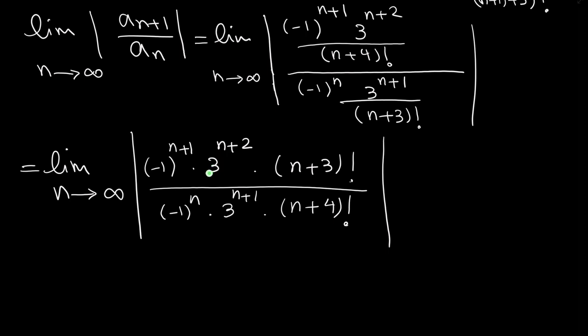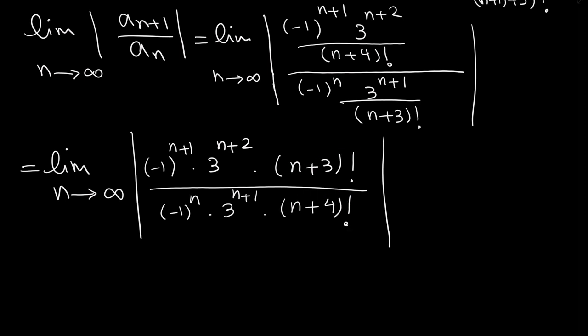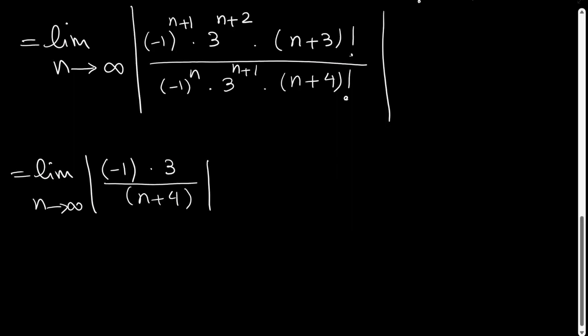Again, in the numerator, we have 3^(n+2), which is n+1 plus 1, right? So it's 3^(n+1) times 3^1, and now we can cancel these two. Also, (n+4) factorial is (n+4) times (n+3) factorial, and then we can cancel (n+3) factorial from numerator and denominator, which is equal to this fraction.